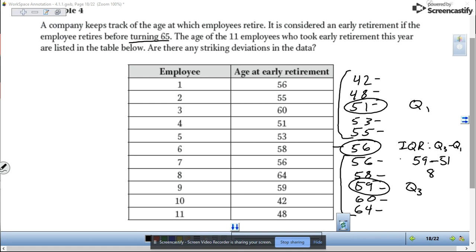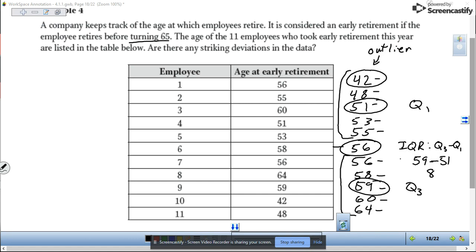Is there anything maybe beyond 8 units away from Q3 or Q1? So if I add 8 to 59, it would be beyond 64. So that's within the range, within a good range. If I do 51 minus 8, I get 43. So just barely, I would say 42 might be considered what they would call an outlier. Okay, an outlier. It doesn't fit within the range.